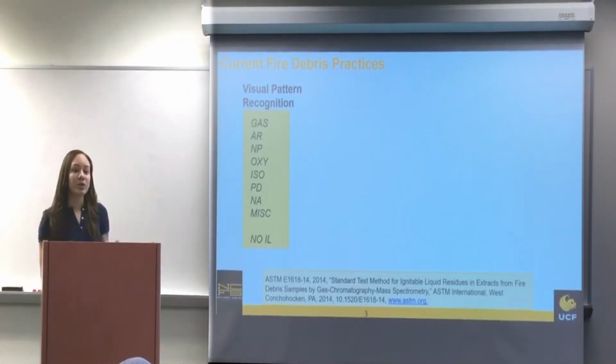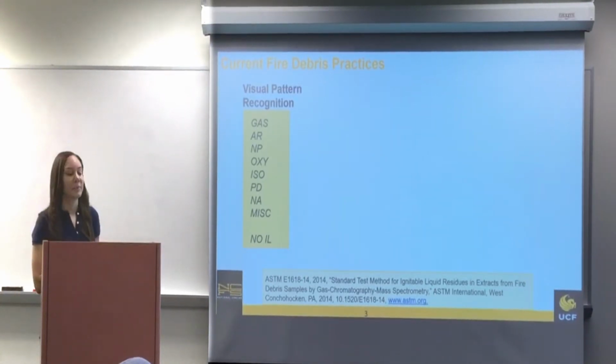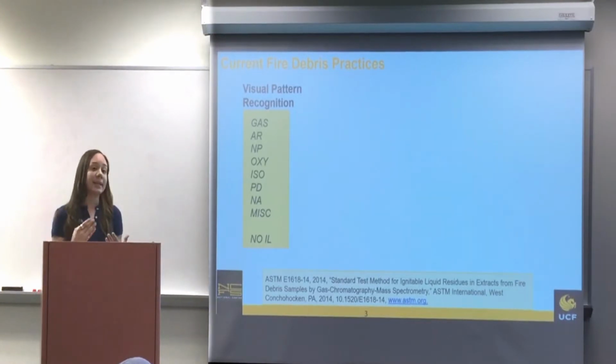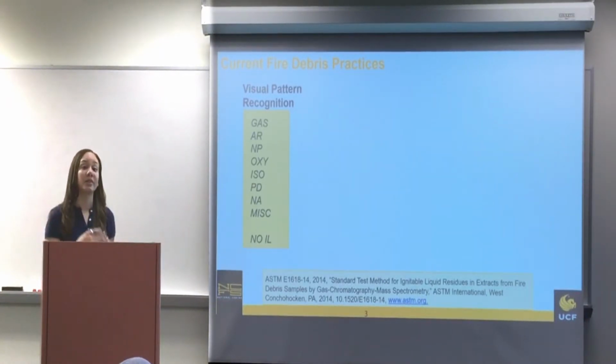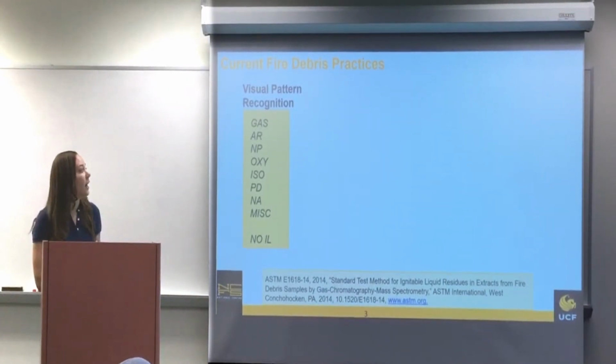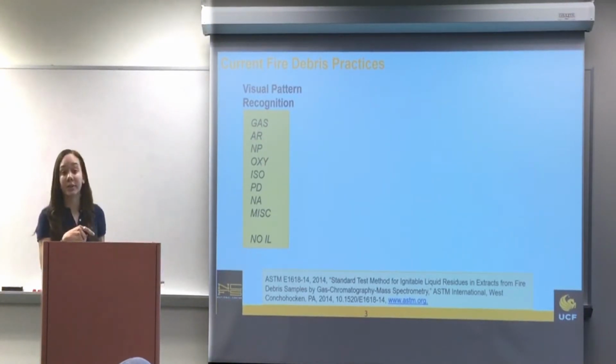So one of the major challenges in fire debris analysis, as you are all aware, is determining whether a sample contains ignitable liquid residue, especially when a substrate matrix is present. Casework samples are analyzed using the ASTM E1618 protocol, through known comparisons of ignitable liquid subclasses or categories.